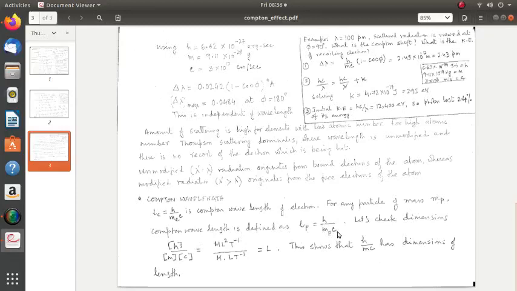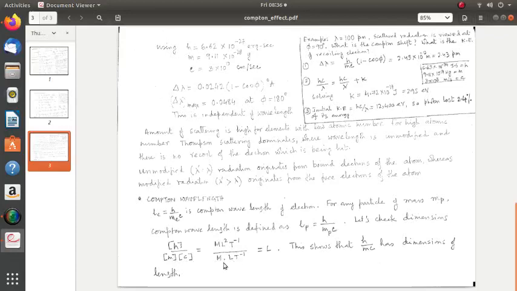Now why do we call it a wavelength? There is no length in h and m and c. So let us check the dimensions of this quantity h by mpc: dimensions of h divided by dimensions of m and dimensions of c. h has the dimension of angular momentum, which is m l squared t inverse. This has dimension of m, and this is velocity, l t inverse.